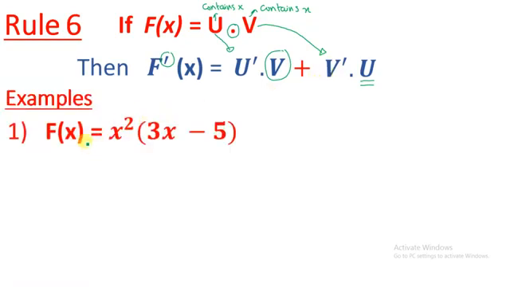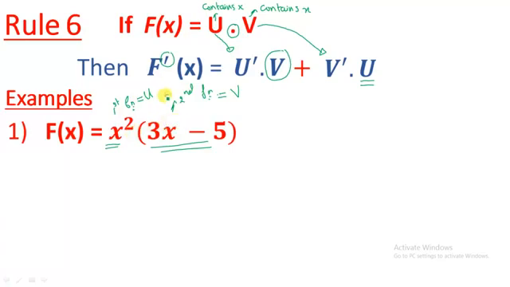Example 1. Look, we have f of x equals x squared multiplied by 3x minus 5. You notice that we have two functions. You see, this is the first function and this is the second function. Each one we will call by a letter. The first function we will call u and the second function we will call v.